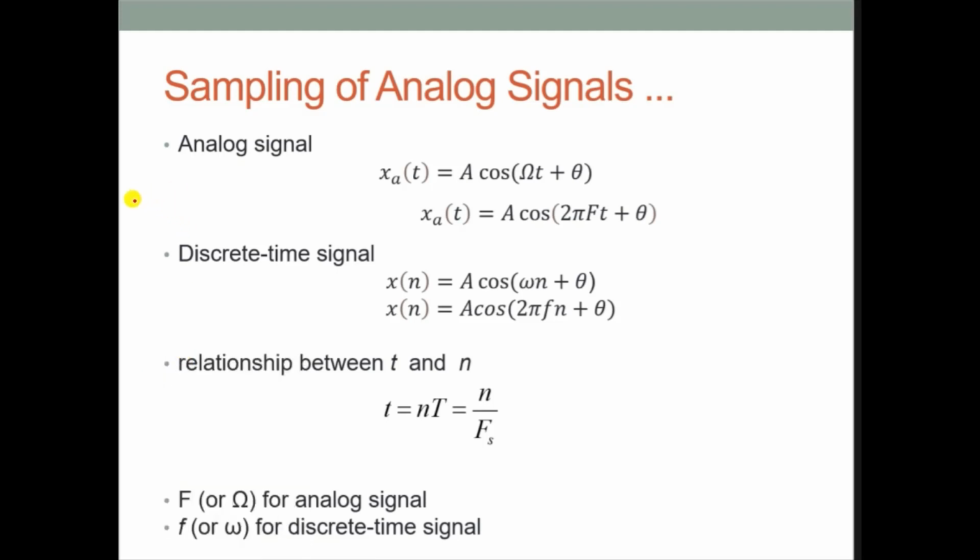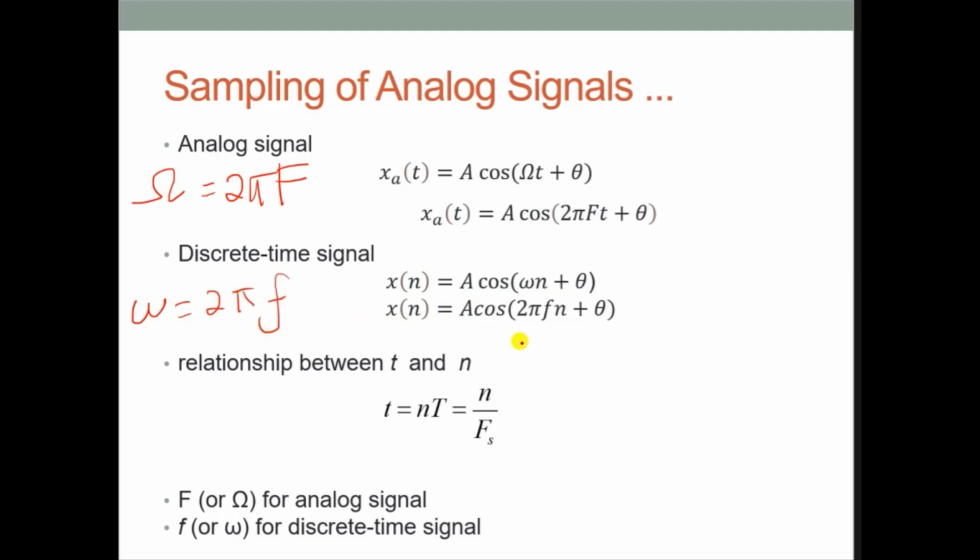Since Ω equals 2πF, capital F, we substitute this into the equation, so we get A cos(2πFt + θ). For discrete time signal, the equation is given by x[n] equals A cos(ωn + θ), and again small ω is 2πf.